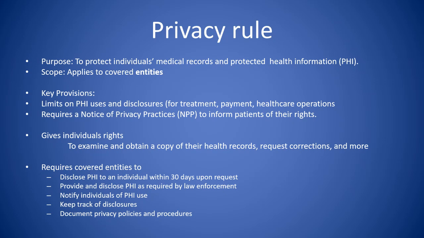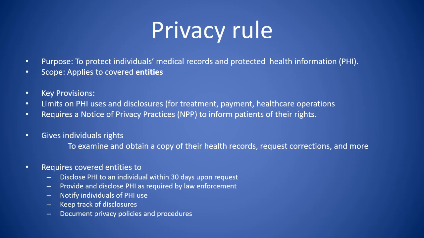It also gives individuals the right to obtain a copy of their health records and requires the entities to disclose the PHI to an individual within 30 days upon request. If a request comes, it should be serviced within 30 days. Provide and disclose PHI as required by law enforcement. If there is a law enforcement agency that wants it, this information needs to be provided to them.